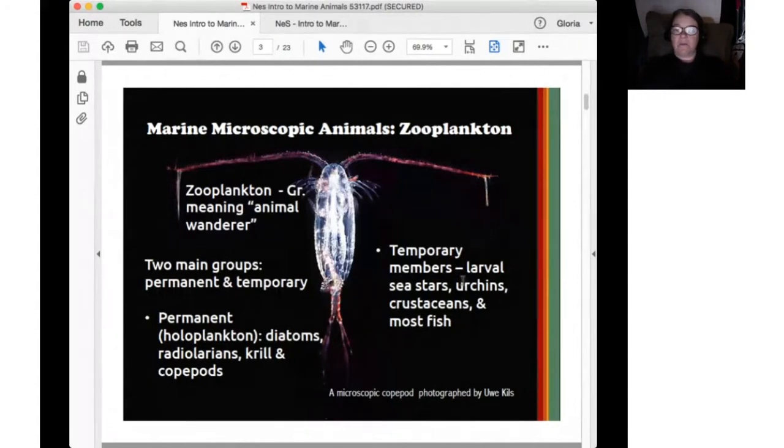Okay, so larval are the baby stages of sea stars. Thank you. Yes, in the larval stage, very young juvenile, right. So the temporary members of zooplankton include the young juvenile stages of sea stars, urchins, crustaceans, and most fish, such as fish eggs, included in that as well.